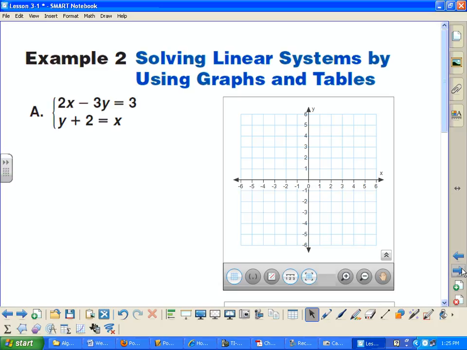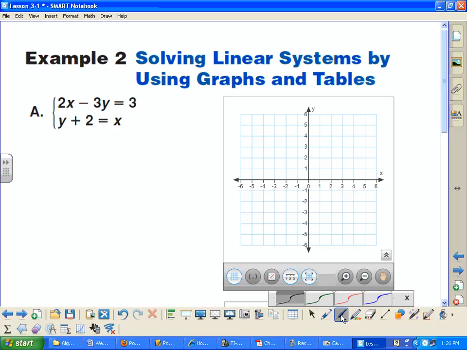So you need to make sure you're doing it correctly. First thing we have to do is get them in slope-intercept form, or you could just find the intercepts if you wanted to. I want to put it in slope-intercept form because when we get to example 3, we're going to be using that anyway, so we need to do some more practice with it.